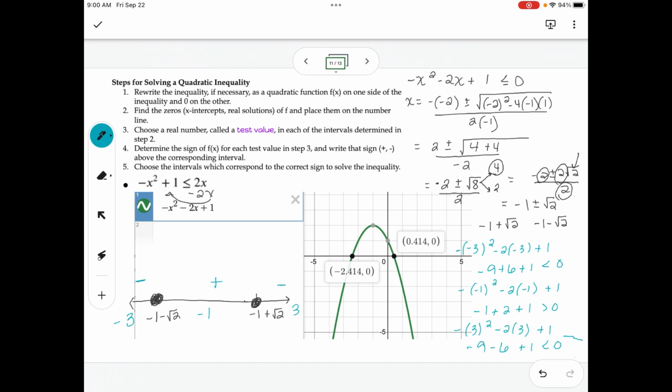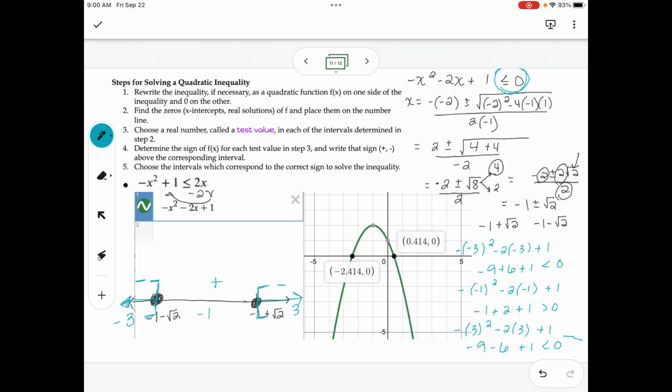Here I'm looking for where we are less than or equal to 0, so I'm looking for the negative. So I am negative coming from -infinity all the way until I hit that first 0. I have to hop over the middle, and then all this area to the right is negative. And that also matches the graph. Notice that we've got our solid points there.